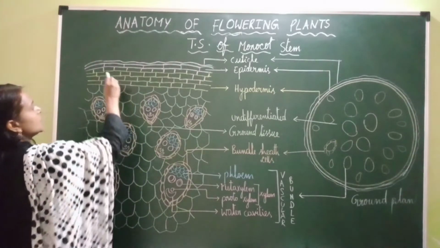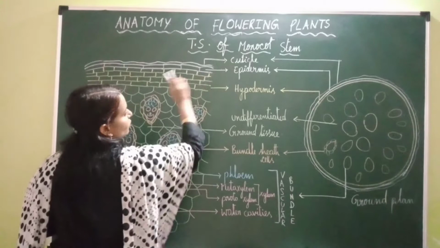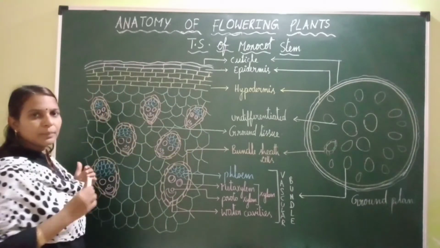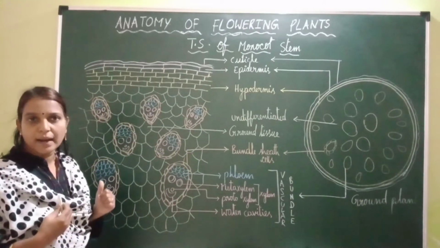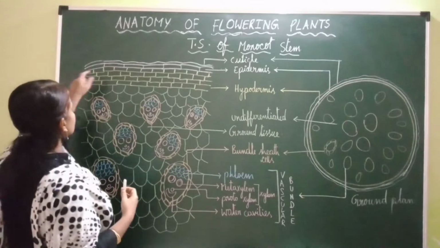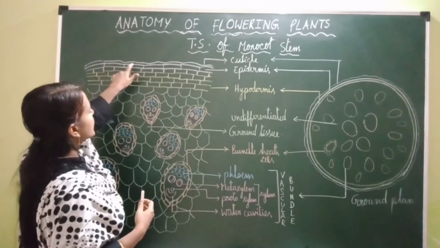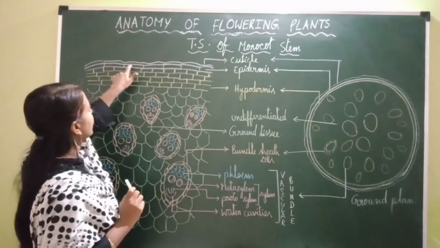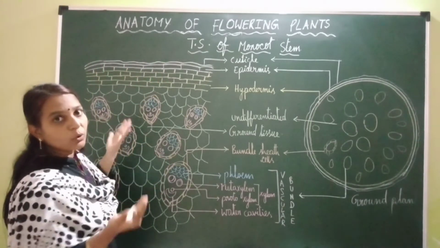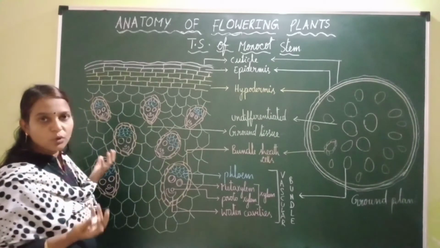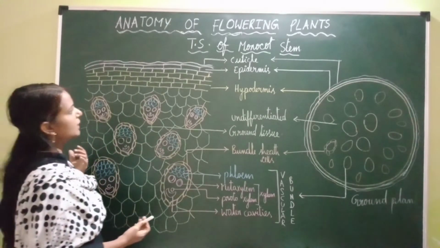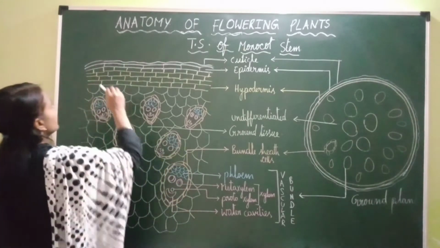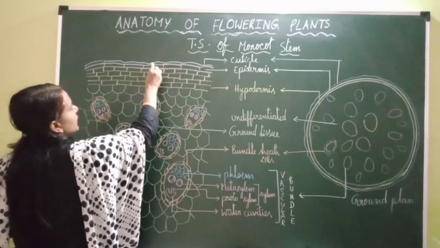Epidermis is the outermost layer of this monocot stem. Epidermis is the outermost layer of all plant organs, and this epidermis is made up of thin-walled parenchymatous cells which are compactly arranged without forming any intercellular spaces. This epidermis is covered by a thick cuticle.